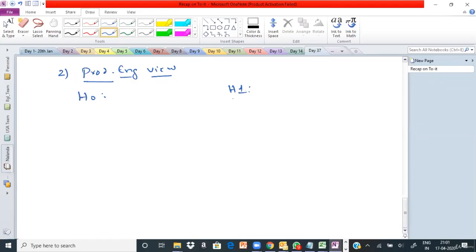H1, he always says that his mu is not equal to 200. That is his claim. That means this is 200. When the production engineer is trying to prove this, this is his claim.